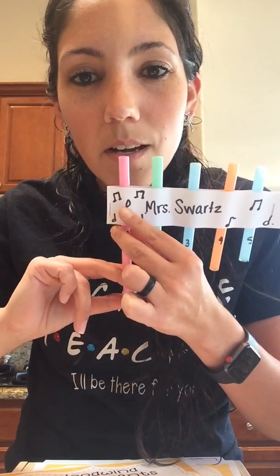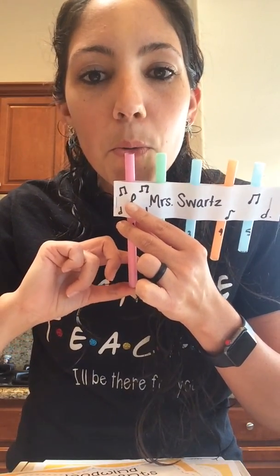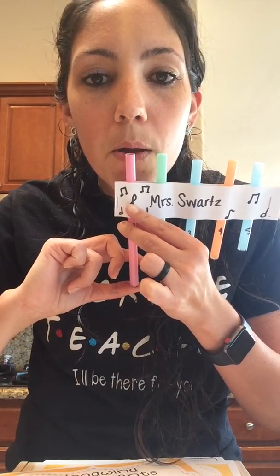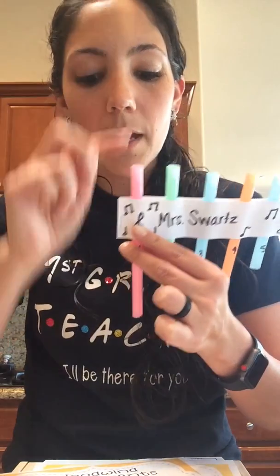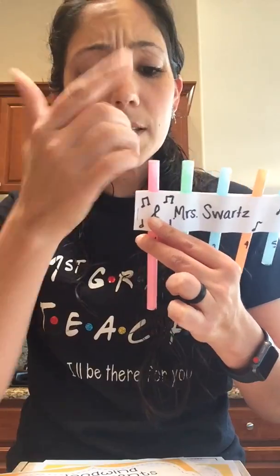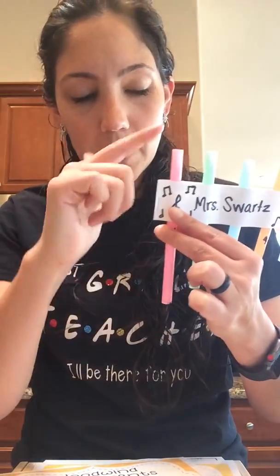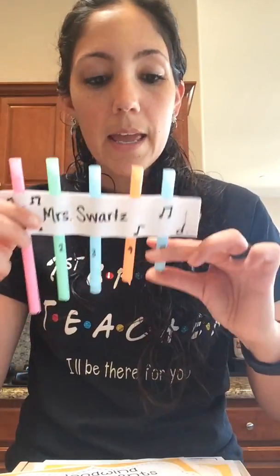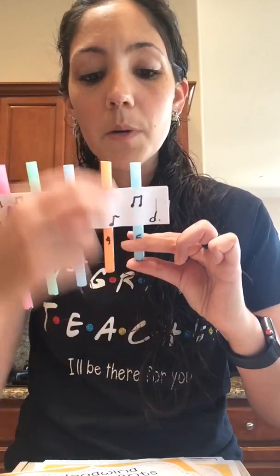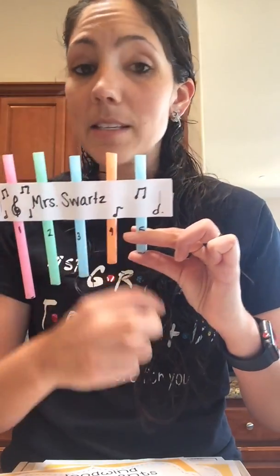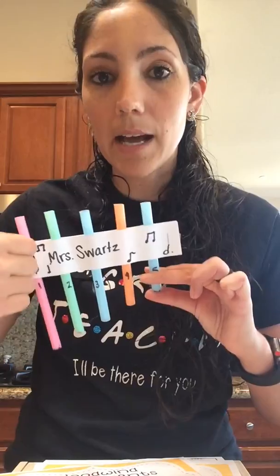This last one is really hard to get sometimes. So my air is blowing across. As it does that, it creates vibrations through the tube and out. In my shortest tube, the vibrations have less space to go through, so it creates a higher pitch.